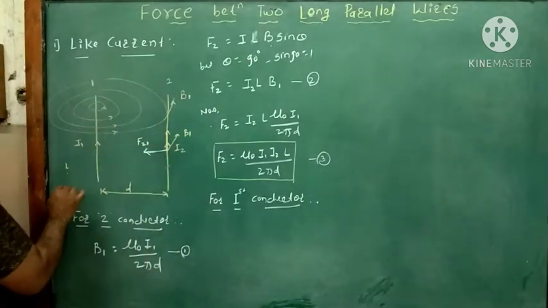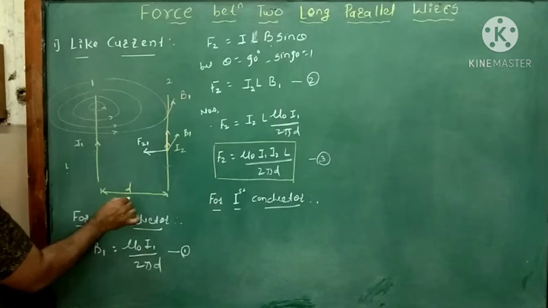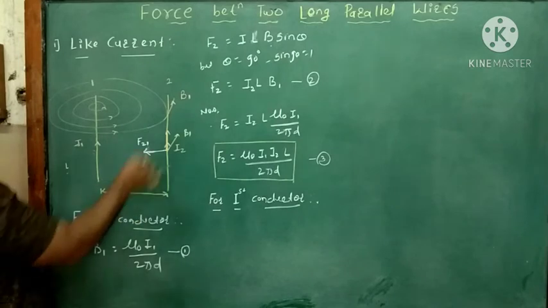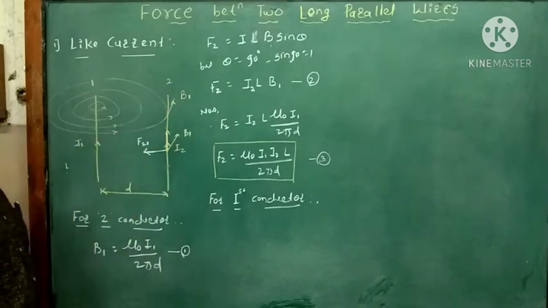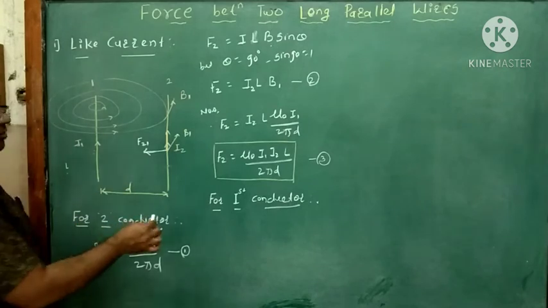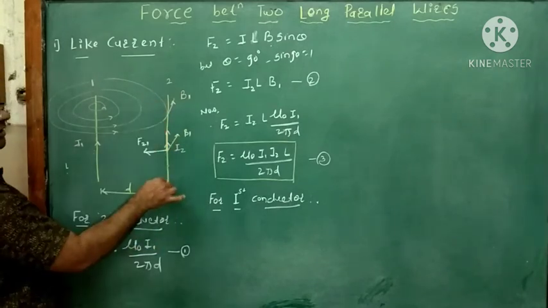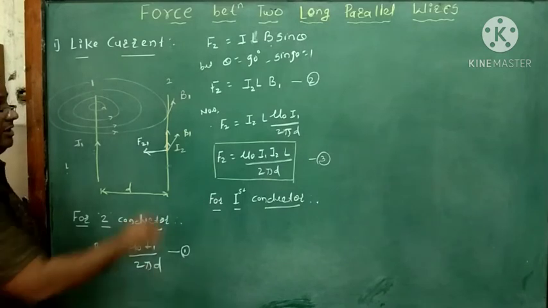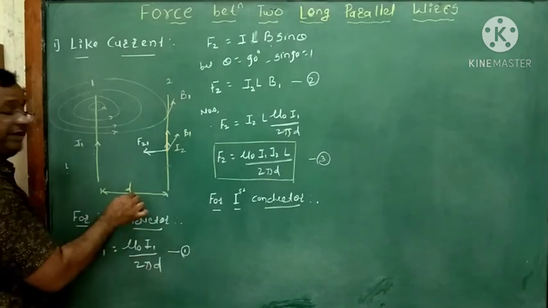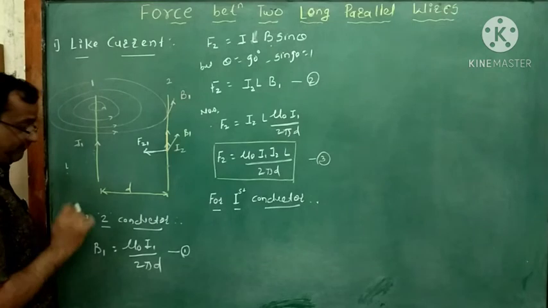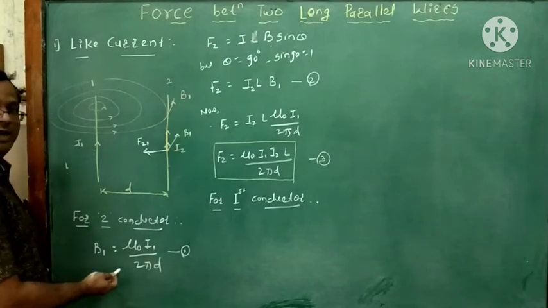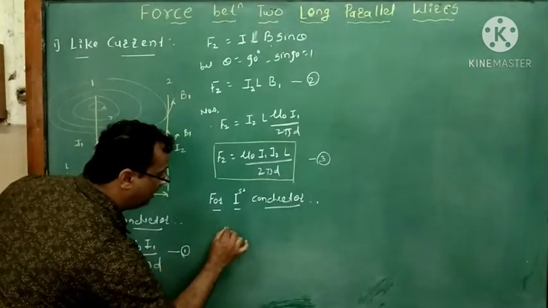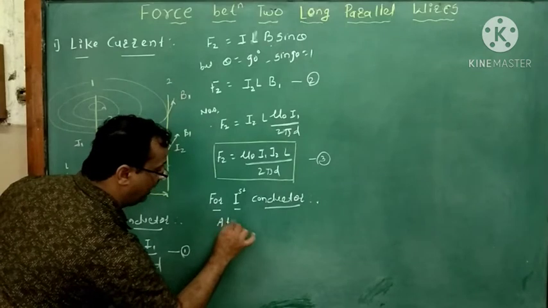Here we place the first conductor at distance d from the second conductor. But here, initially we consider that through the second conductor I2 amount of current flows. Then this current at distance d, how much magnetic field is produced? That is the same magnetic field.